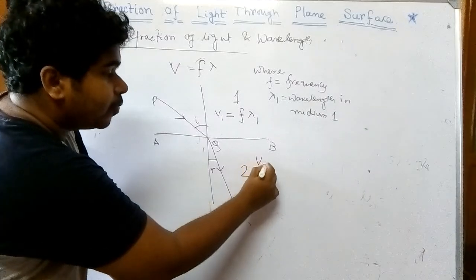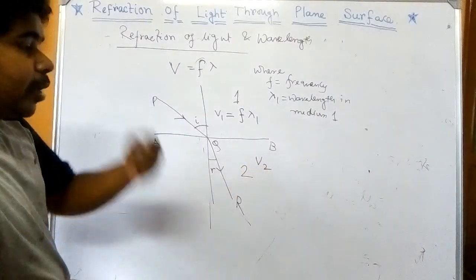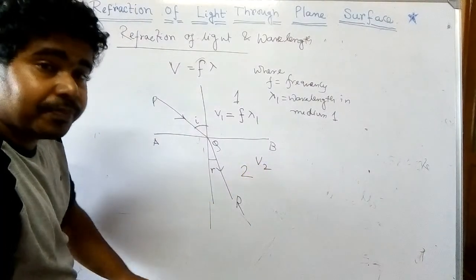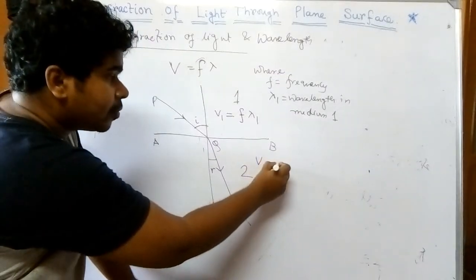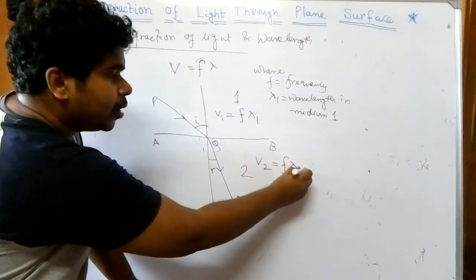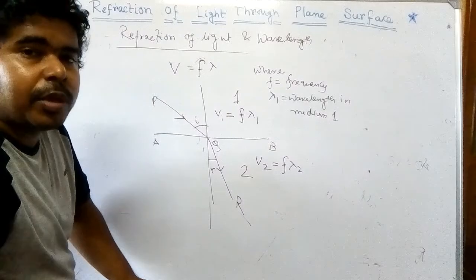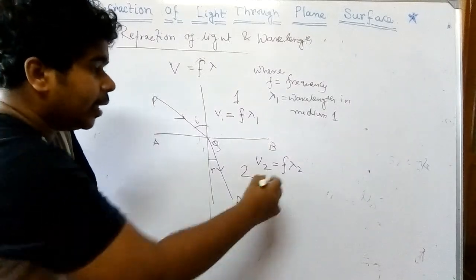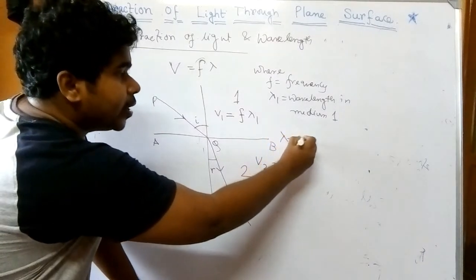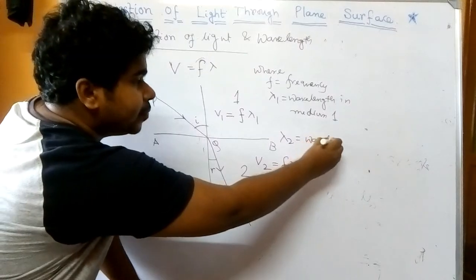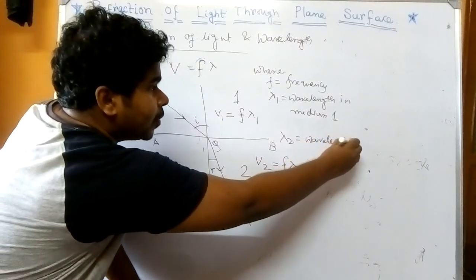In medium 2 the velocity is v2, so v2 equals f into lambda 2. Obviously the frequency is constant, and lambda 2 is the wavelength in medium 2.